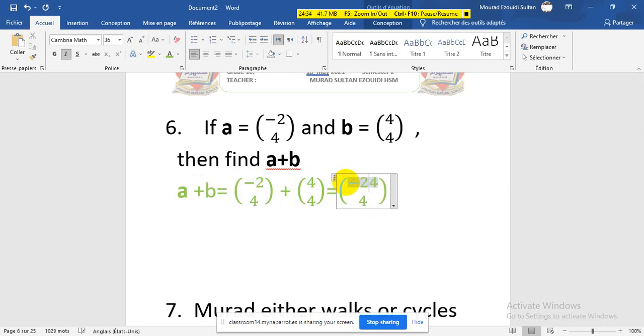Minus 2 plus 4, then 4 plus 4. So this one is very easy. Minus 2 plus 4 is 2. Then 4 plus 4 is 8. Clear? This is the last answer.